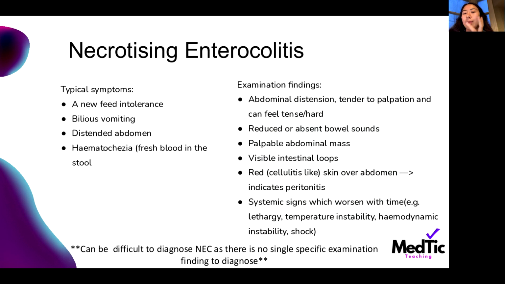The skin looks almost cellulitis-like on top of the belly if it gets to the stage of peritonitis. And then systemic signs indicating haemodynamic instability.